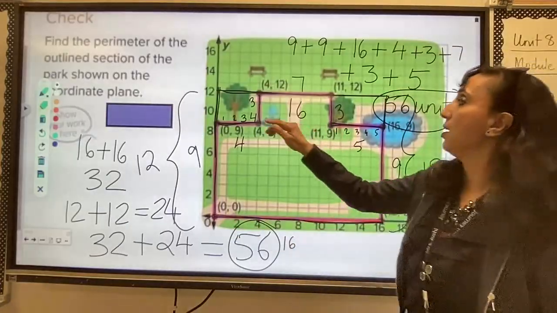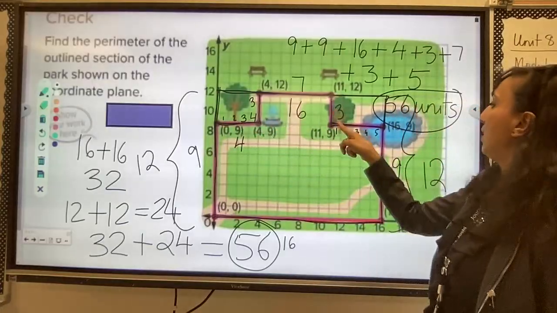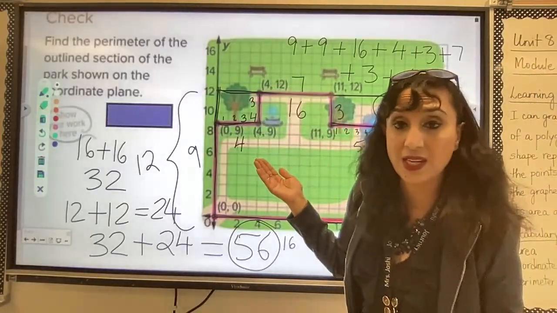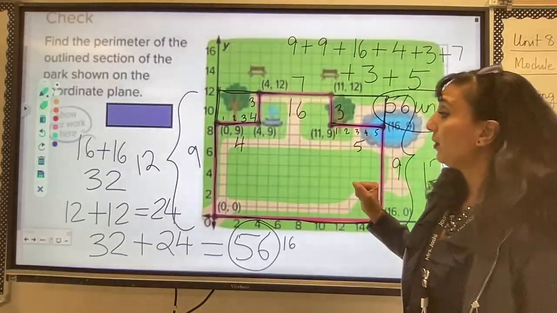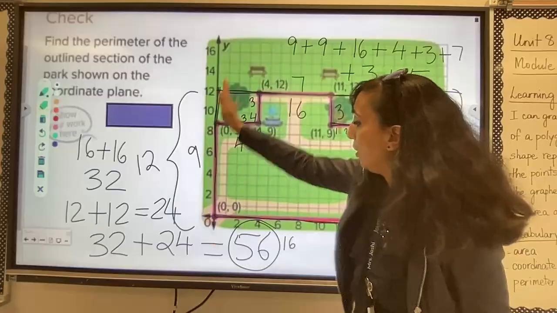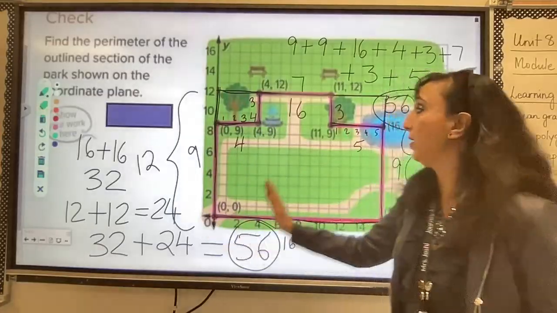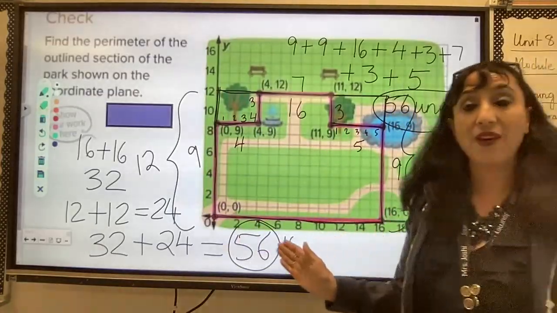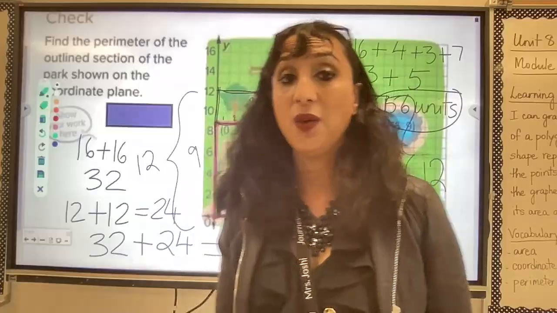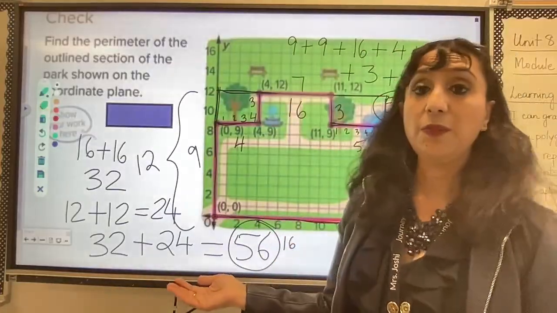This is 16. So from here, here, here, all of this as a straight line would also be 16. And then if I'm looking at this 9 and this, if it's looking at it as the whole thing, if this is 12, I know this whole thing is also 12. So that makes it so much easier to calculate when we are trying to find the perimeter.